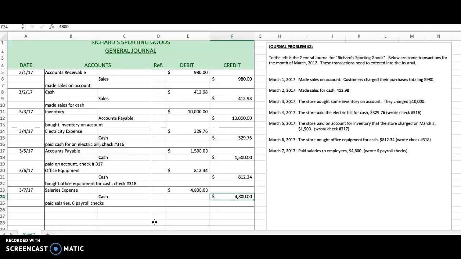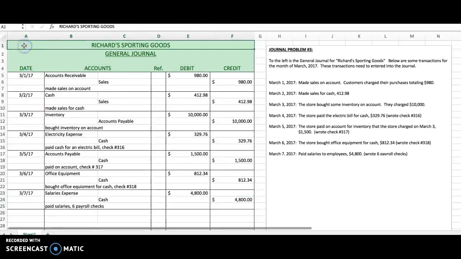Always remember you have a debit and credit every time, but you need to understand the accounts involved in each one. So as I said, you might want to go over this a couple times because we will be doing more of these, and I'll expect that you understand what this is all about.